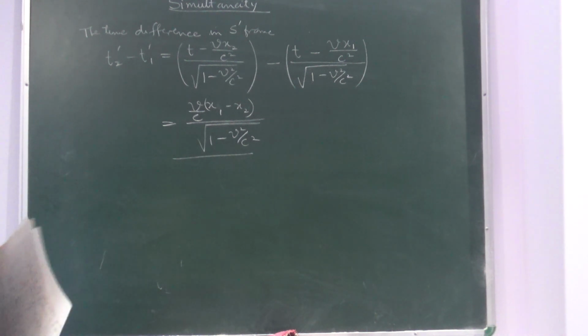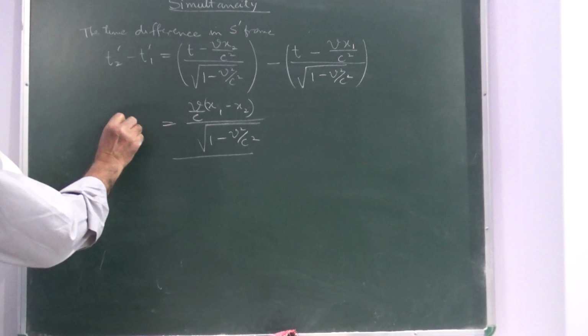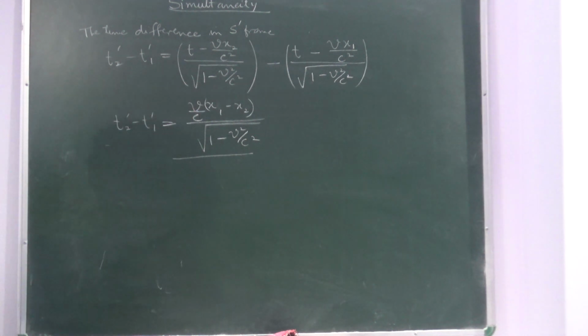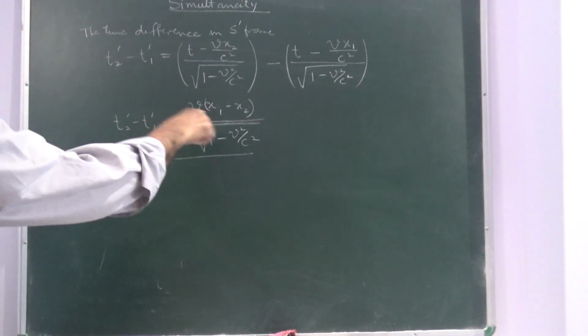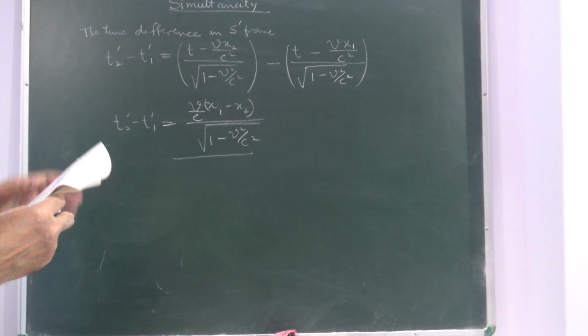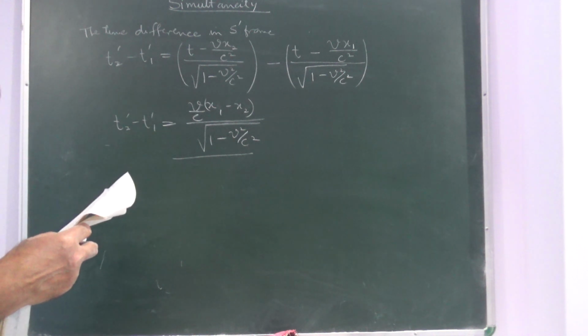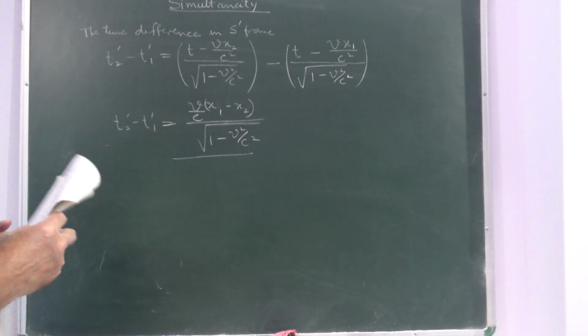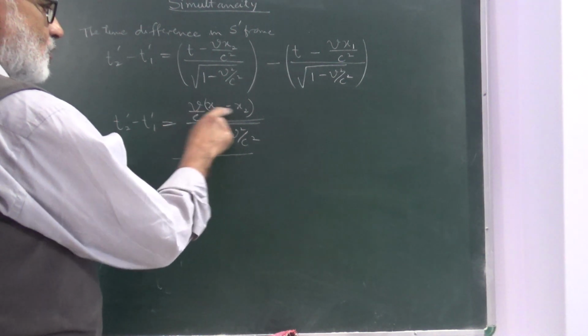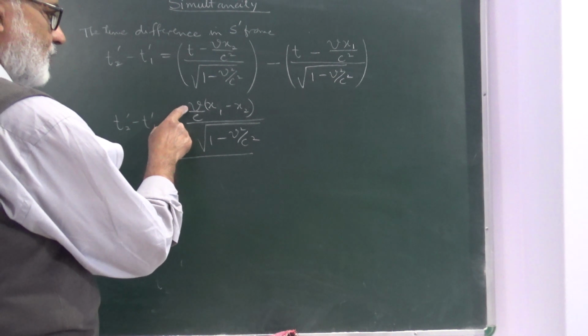So this is obviously not simultaneous. This will be simultaneous only when this will be 0. Then t2 dash will be equal to t1 dash. It depends only on the time difference, the difference in position and the velocity of the reference frame.